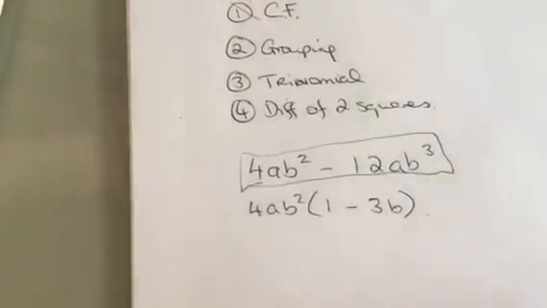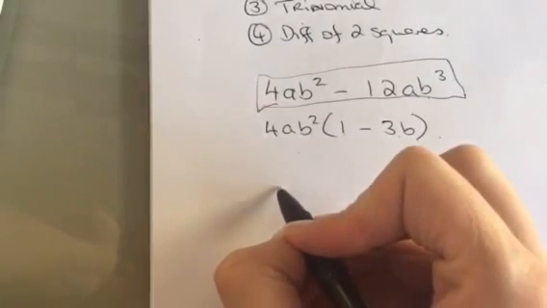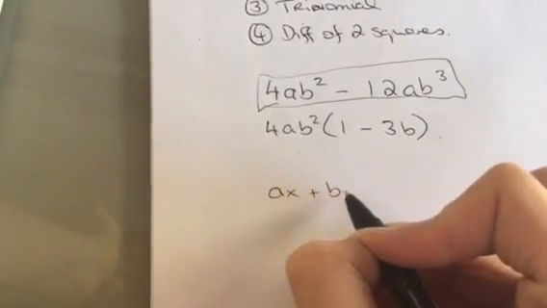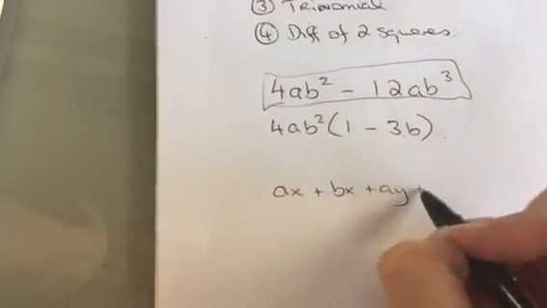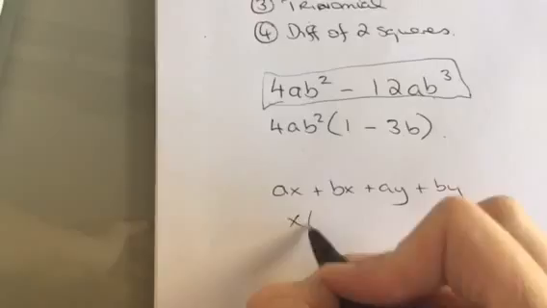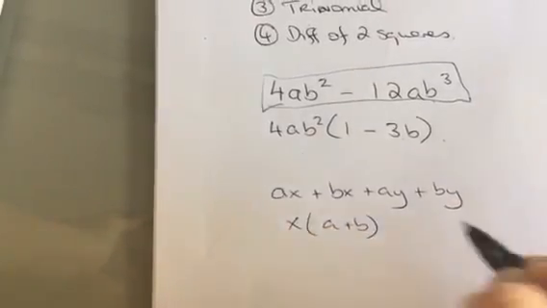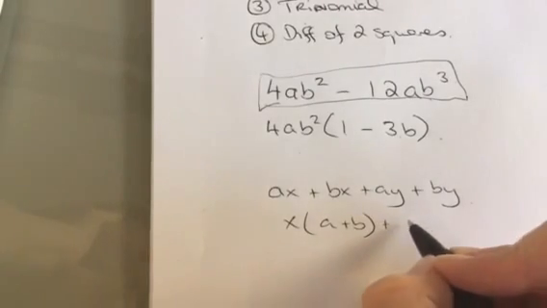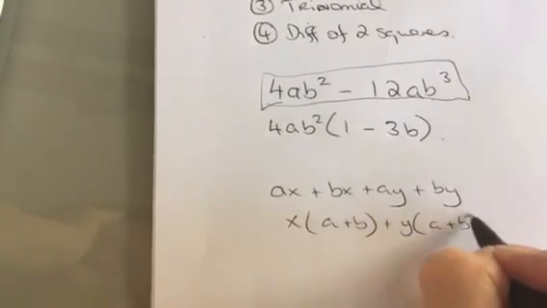Grouping. I'm going to just go for a straightforward one because we normally get a lot of practice on grouping when we do trinomials. So x is in common. I'm left with a plus b. See, there's 4 things in it. That's why I'm saying it's grouping. And y is in common. I'm left with a plus b.